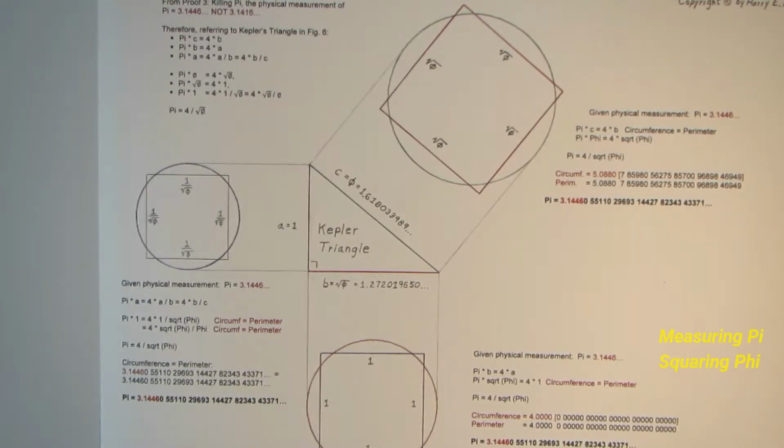The circumference would equal 3.1446, that's what we measured, and so out to 4 decimal places we see the circumference is also equal to 5.0880. So that's 4 decimal places.